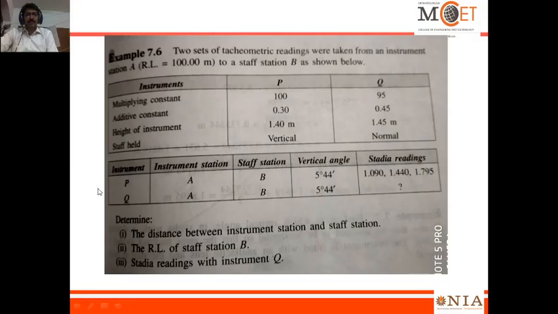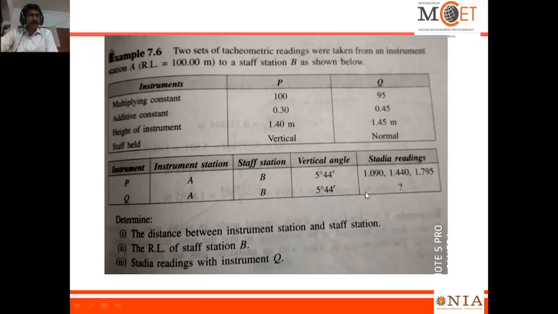The readings: instrument at P, instrument station at A, staff station at B, and the vertical angle is 5 degrees 44 minutes, staff reading is given. The second instrument is set over the same station A and focused on the staff station B for the same angle, but the staff is held normal.